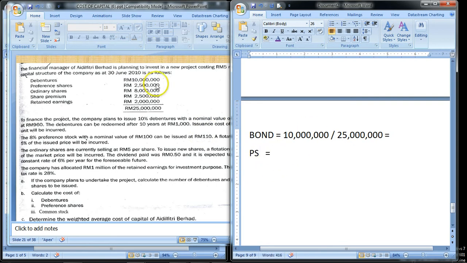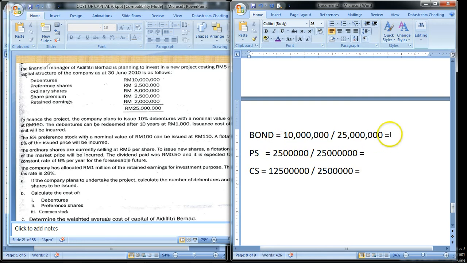So what is your capital structure? 25 million in total, right? Preferred stock, 1 million divided by the total, then times 100, then you get the weight of preferred stock. How to get your common stock, class? Your ordinary share, you need to add all: 8 plus 2.5 plus 2, then you get 12,500,000, divided by 25 million times 100.